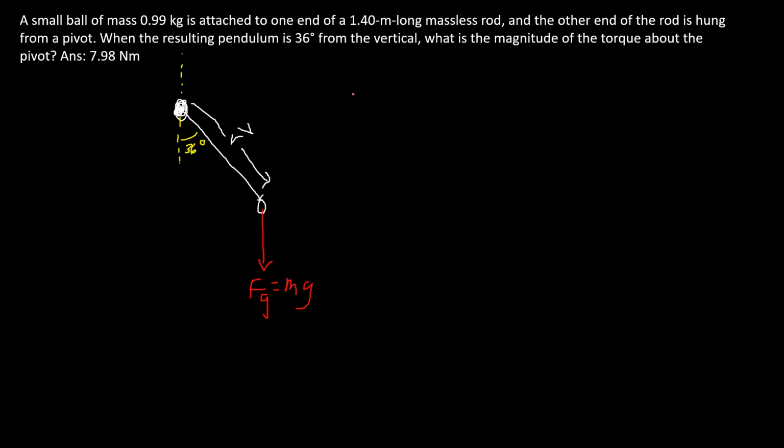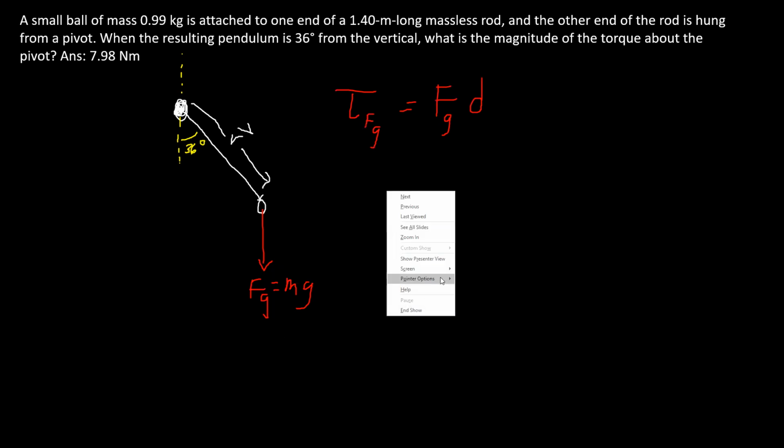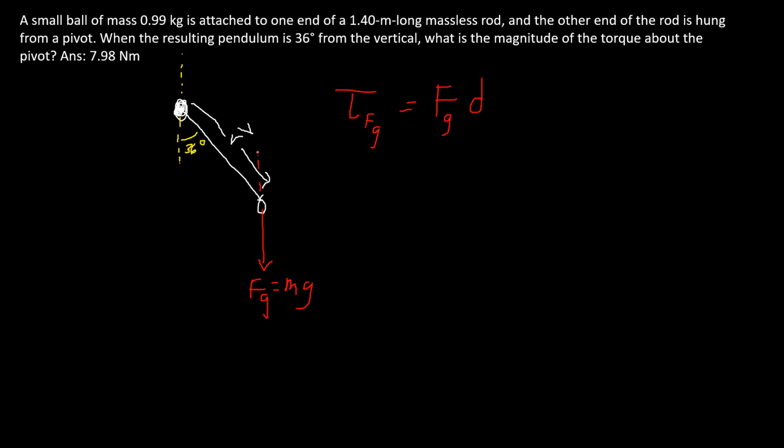So the torque here is the torque produced by the force of gravity. The formula there is Fg times D, where D is our moment arm. How do we find the moment arm? Well, here's the first step. We need to extend our line of action of force, so we draw a dashed line at the tip and at the head.